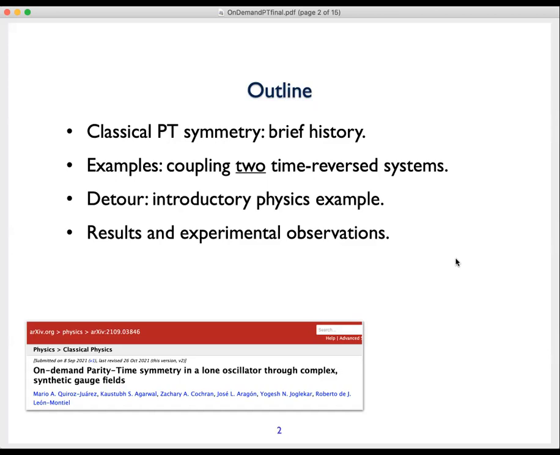That got us thinking about this and led to this idea. If you want the details, you can find them in this archive paper from a couple of months ago. So I'll talk about this example, present the results and experimental observations, and some of the distinction points from earlier works, and go from there.